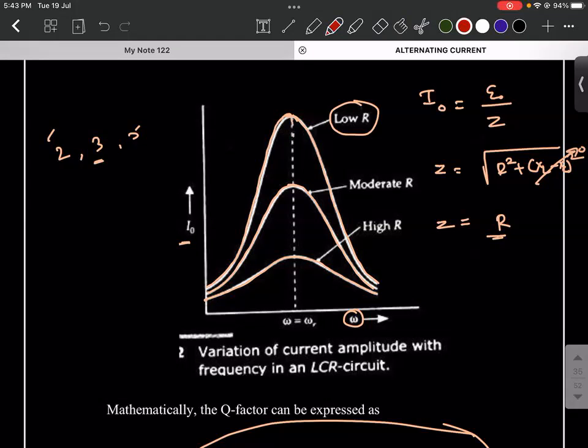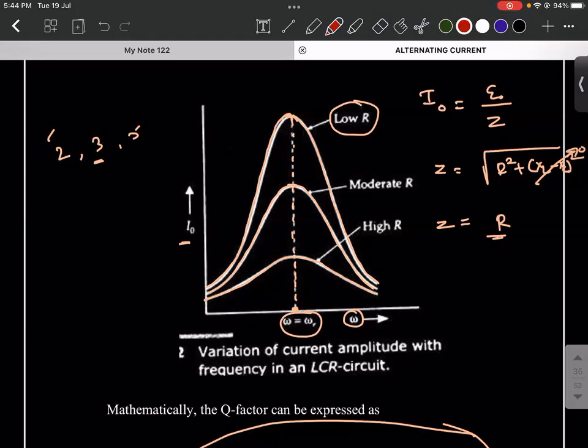You are able to see it is attaining a peak value at a certain point, right? What is that point called? If the value of omega is equal to the resonance frequency, the value of I naught itself will be maximum. That's what the condition told.